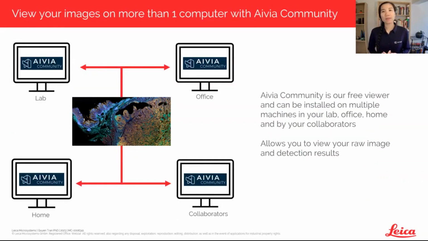I do want to make a note here that our free viewer called Aivia Community will also have these capabilities and will allow you to view your images on multiple computers, whether these computers are in your lab, in your office, or even with your collaborator. Furthermore, if you've processed your data in Aivia, you can open them in Aivia Community and view the results there also.